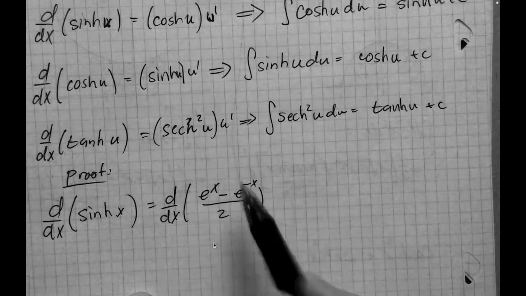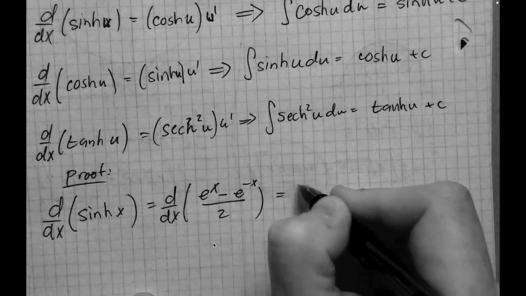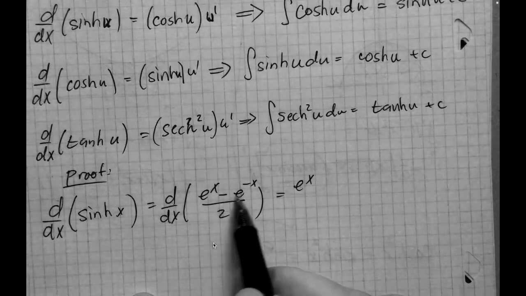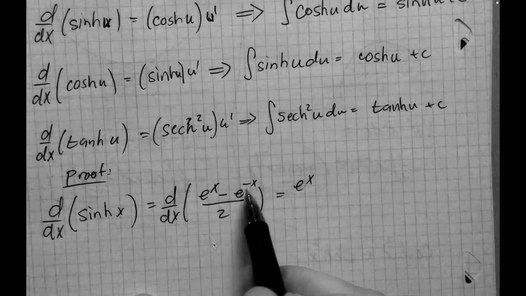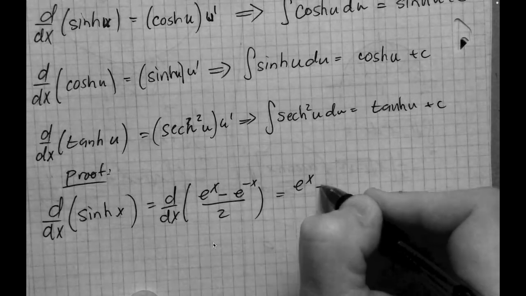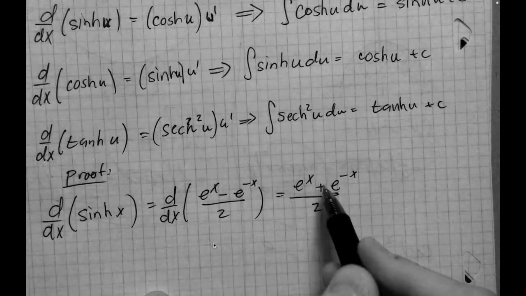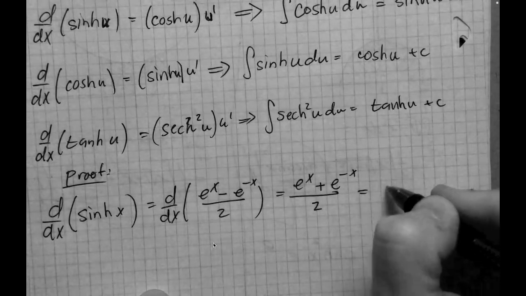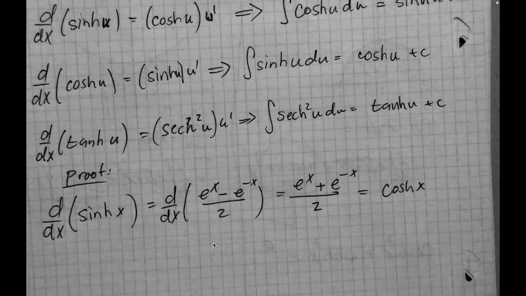But recalling that the derivative of e to the x is just e to the x, we can see that this would be e to the x. And then here you do have to use the chain rule because it's a negative x up top. And so this actually turns out to be plus e to the negative x over 2. And that plus makes all the difference. And in particular makes this equal to hyperbolic cosine of x.